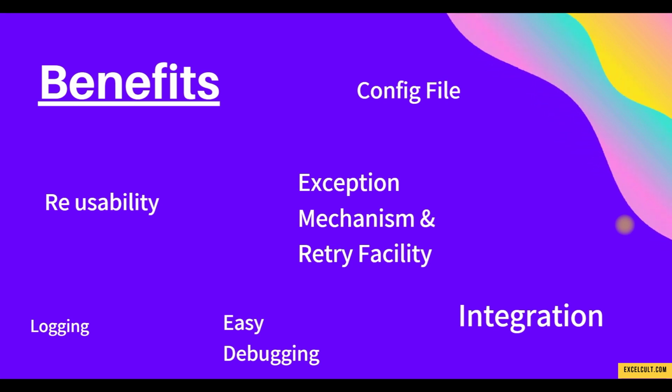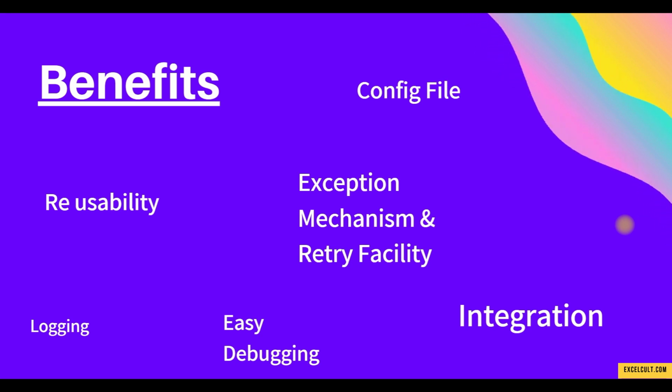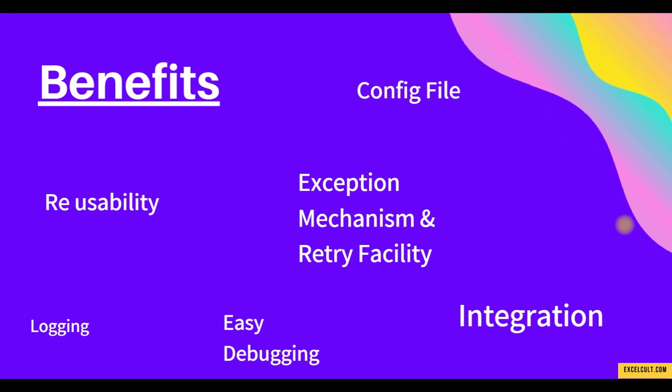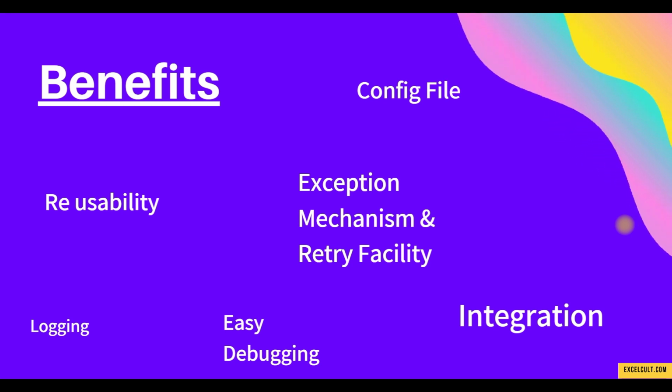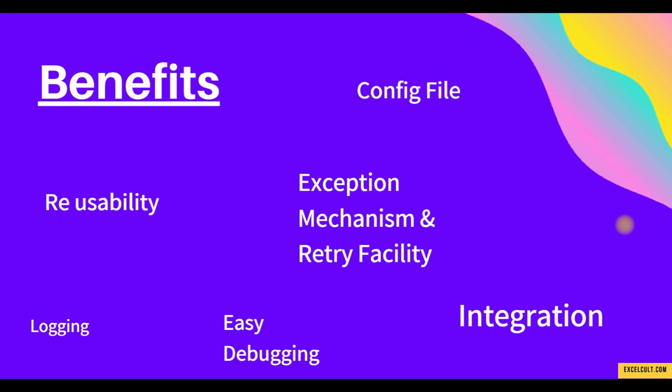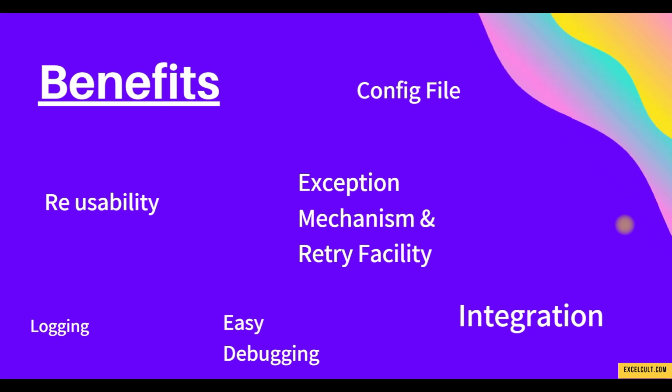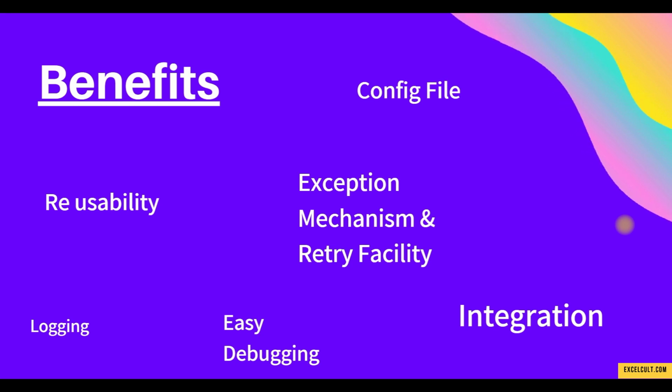And then comes configuration file. What do you mean by configuration file? Whenever there is a development happening, maybe for the development phase, we might keep some values hard coded. Maybe if my name is Sharath and my email ID is sharath@gmail.com, I might hard code that value during the development.